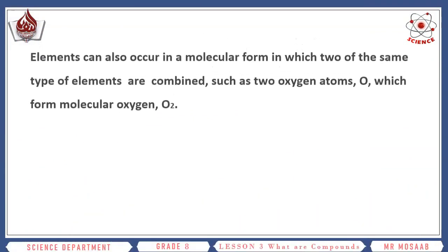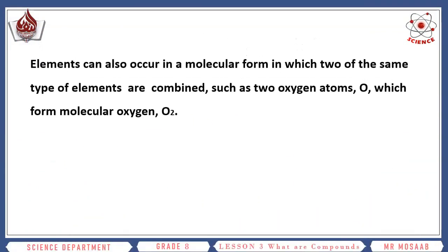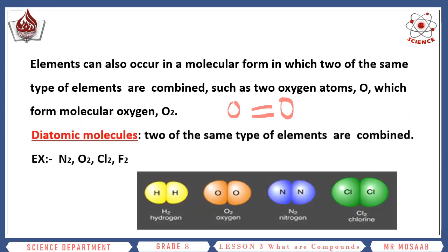Now, elements can also occur in a molecular form, in which two of the same type of element are combined, such as oxygen, which forms molecular oxygen. So an O atom joined with another oxygen atom forms O2. At the end we have diatomic molecules.